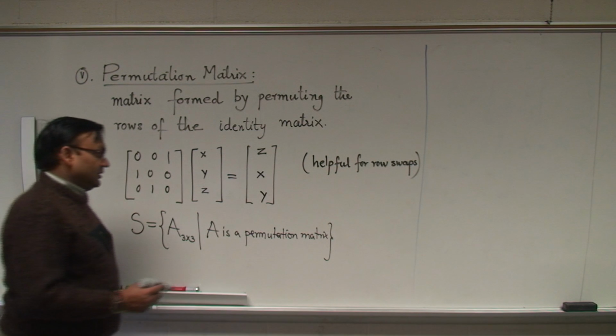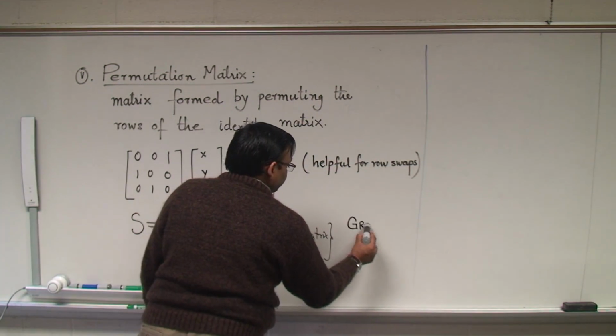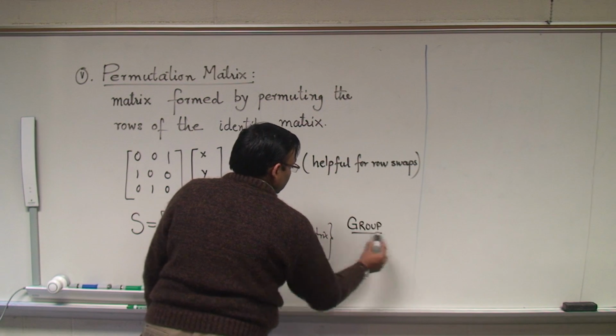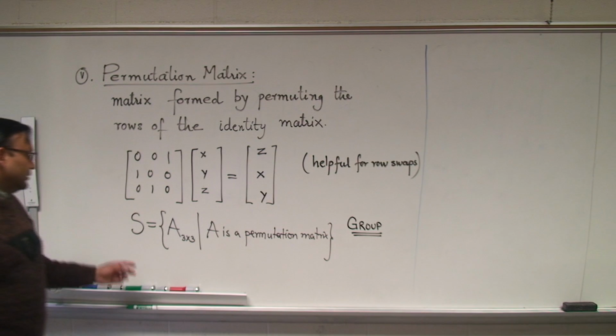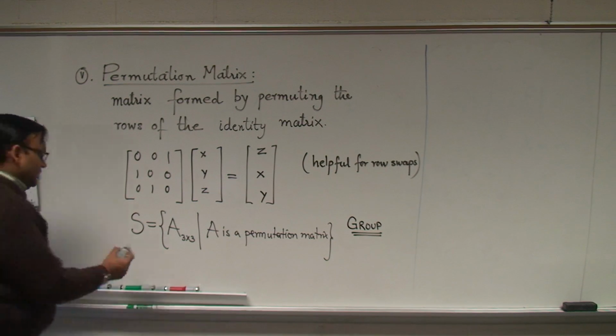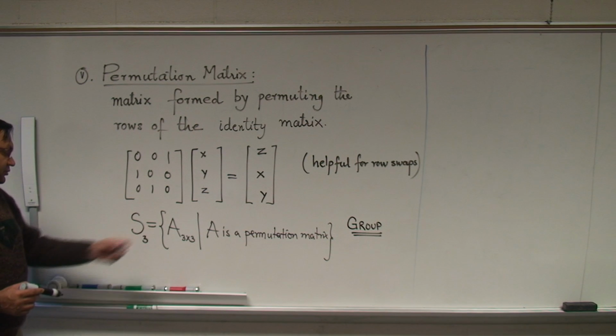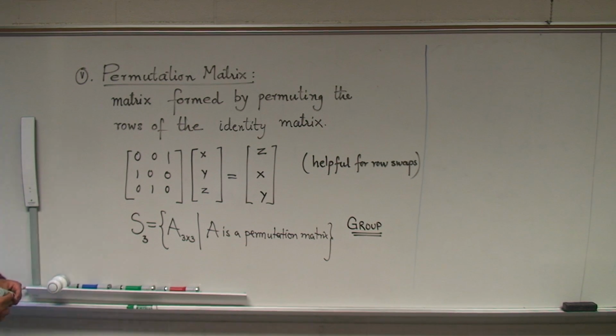So in fact, if any of you knows things in group theory, this is basically saying that the set of permutation matrices is forming a group under matrix multiplication. By the way, in this particular case, let me call this S3 so that I'm reminded that it's a 3 by 3 matrix.